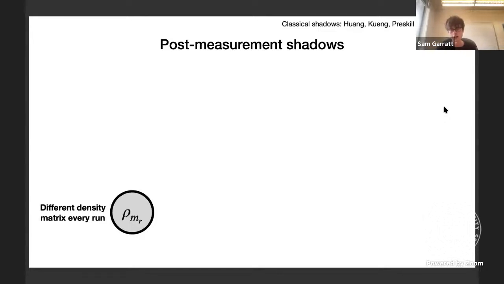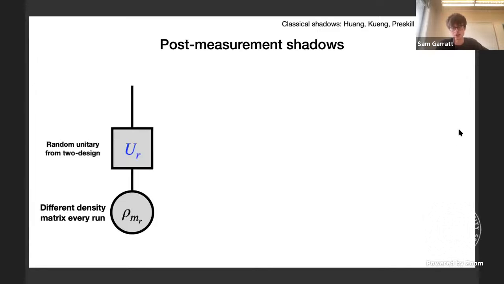I'm going to show how to apply the ideas from classical shadow tomography in the context of the post-selection problem. So in our setting, we have some post-measurement density matrix, and it's different every run. So what we're going to do now is apply a random unitary from some t-design, and we're going to measure in the computational basis. You could also think of this as just measuring in a random basis.